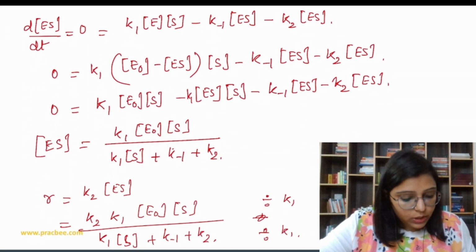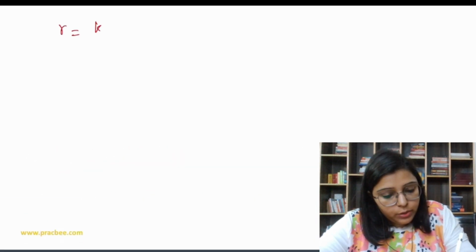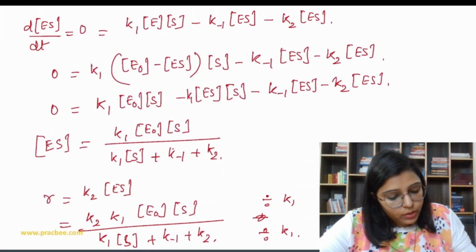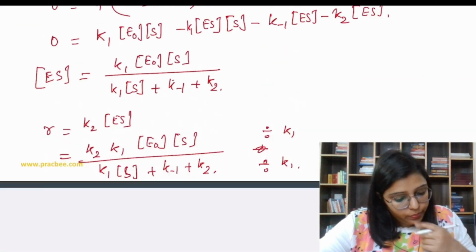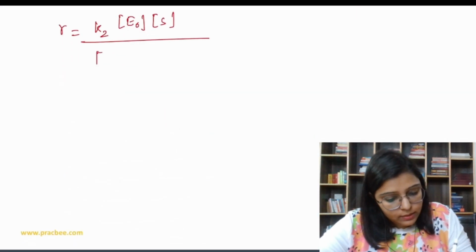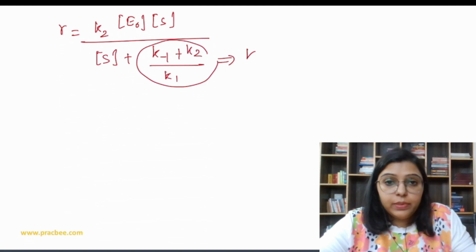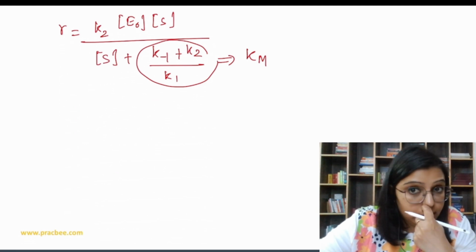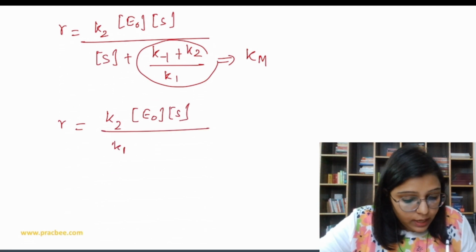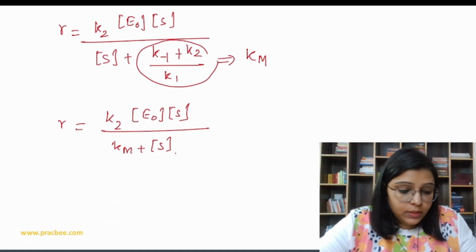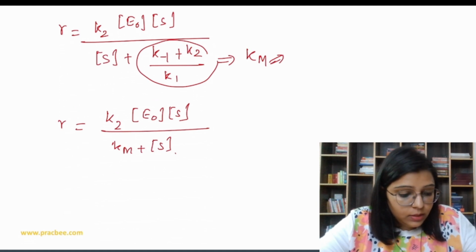So if I do this, we get rate is equal to K2 E naught S upon S plus K minus 1 plus K2 upon K1. So this is called Km, the Michaelis-Menten constant. So here R is equal to K2 E naught S upon Km plus S. This is what? Km is what?